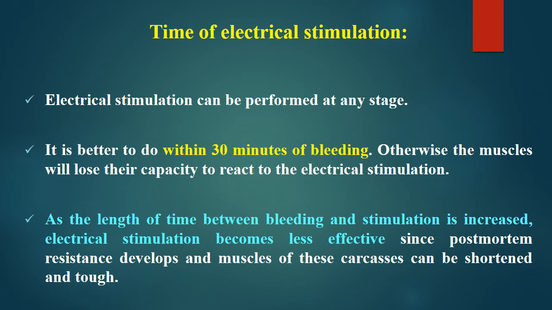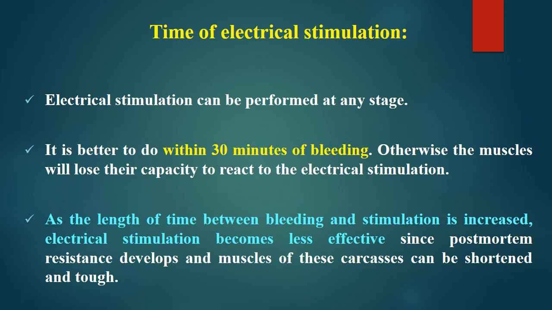Otherwise, the muscles will lose their capacity to react to the electrical stimulation, because the electrical conductivity should be better, and that is possible at the early stage. As the length of time between bleeding and stimulation increases, the electrical stimulation becomes less effective, since post-mortem resistance develops and muscles of these carcasses can be shortened and tough.